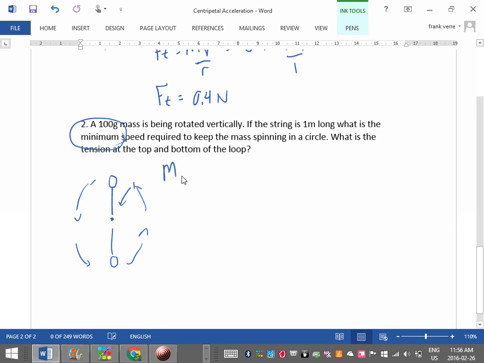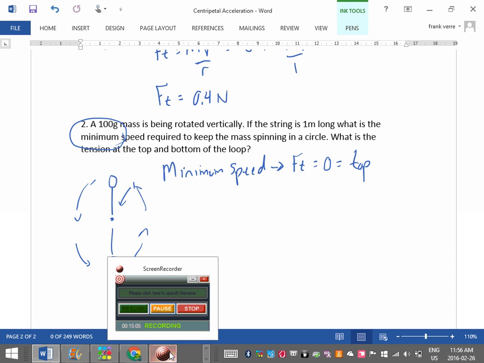Minimum speed actually implies that there is no tension at the top. The tension at the top is actually 0. Okay, so that's what it implies.